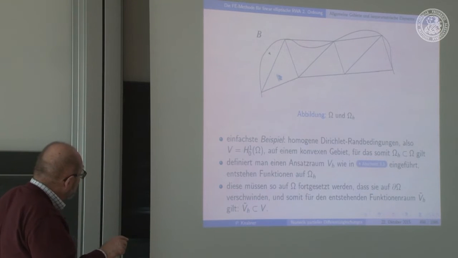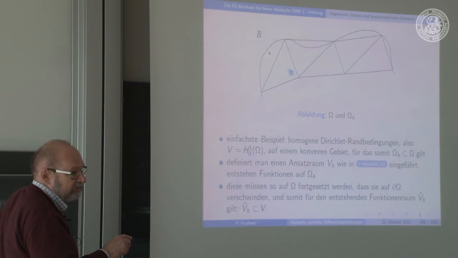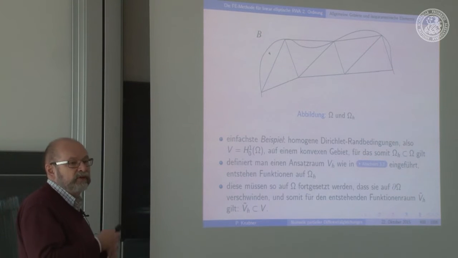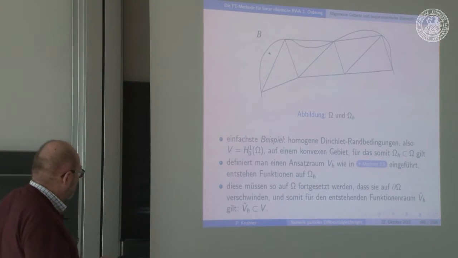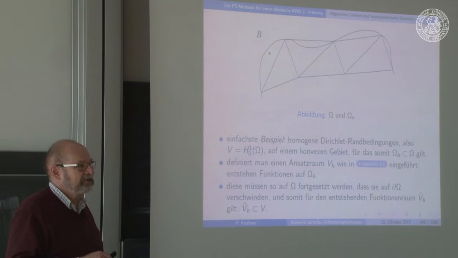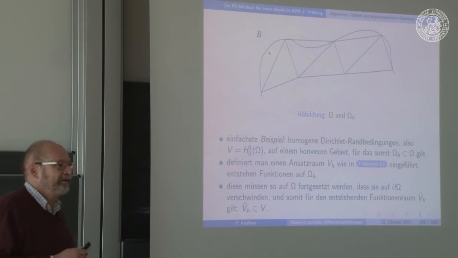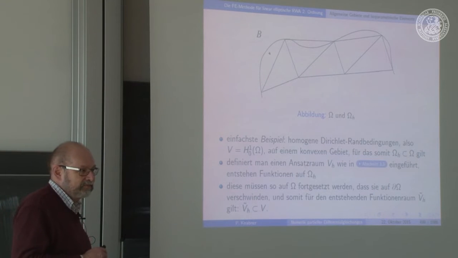You see here we have some strangely shaped elements, which are here denoted by B. And we just add these elements, but we don't want them to contribute anything. So we add them as geometrical elements. We need an ansatz space on them. Okay, we take the function space only consisting of the 0 function.